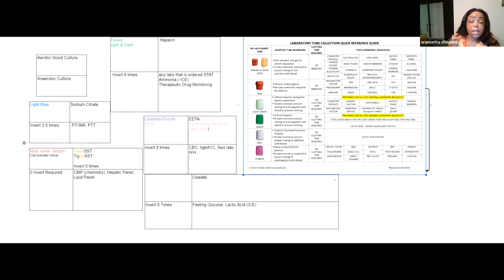But if you want to get yourself used to knowing what it is now, you will know that anything dealing with the thyroid will go in your SST tubes. So our serum tubes, no matter if it's red, gold, or tiger, are made to clot. But our red top tube has no additive. Our gold and tiger top tube has the additive of SST, and we invert those 5 times.